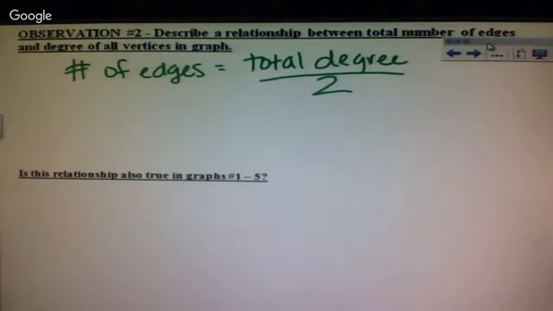So if your graph has a whole bunch of crazy lines everywhere and it's hard to count your edges, just add up all your degrees and divide by 2. And that will tell you how many edges you have. If for some reason you cannot divide by 2, you did something wrong. You should never end up with 10 and a half. You can't have half a line.